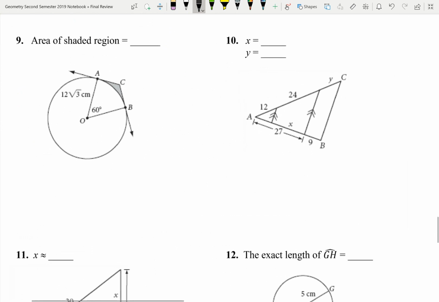Okay. Number 9, area of the shaded region. Now, even though this is in the 7 through 9, this was actually covered in 10.4, right? So this would be section 10.4.